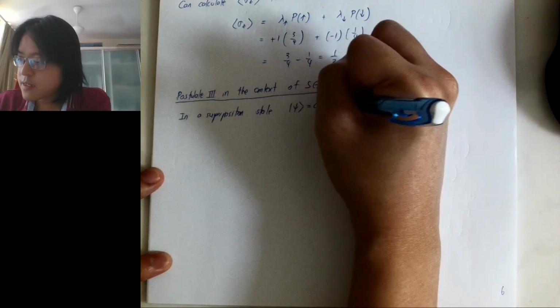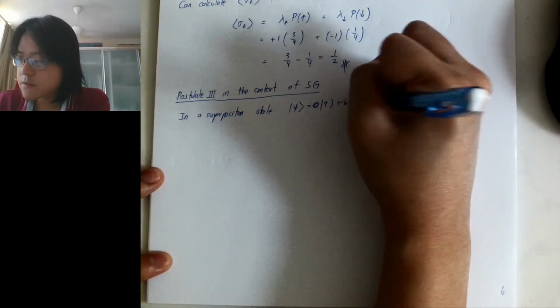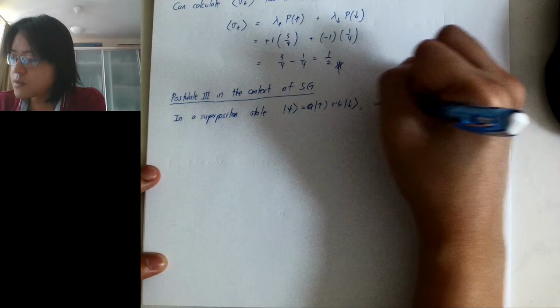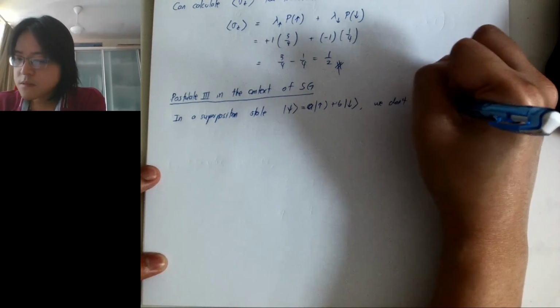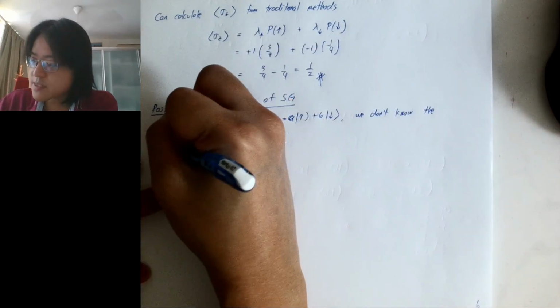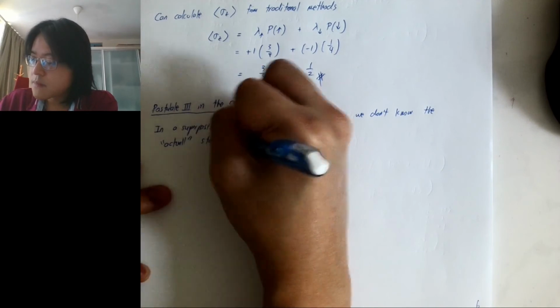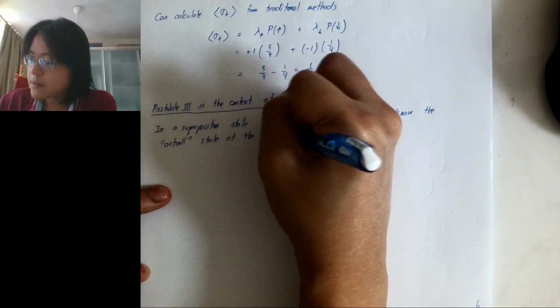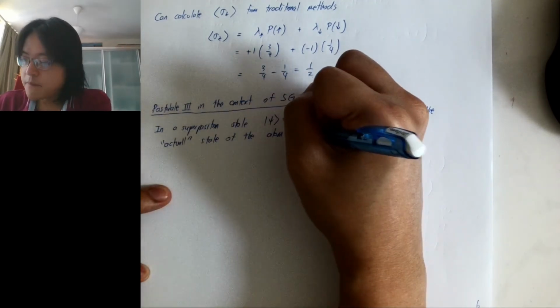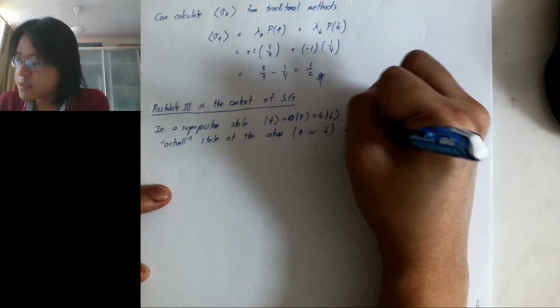So it's C up arrow, A plus B down arrow, right? So we don't know the actual state of the atom, whether it's up or down, before the measurement.